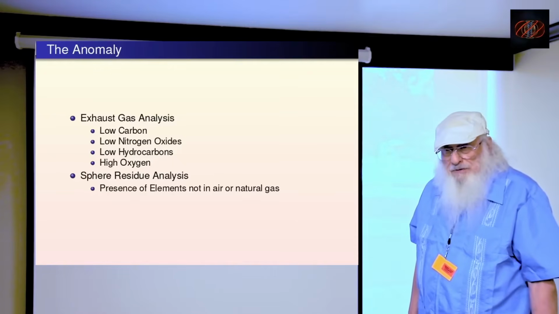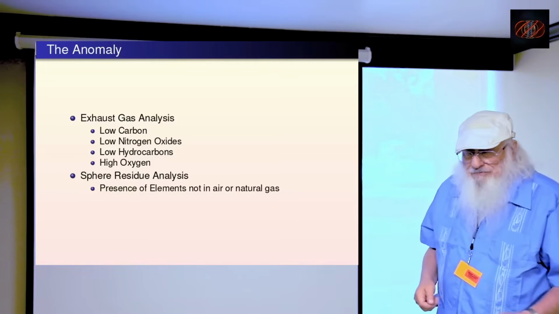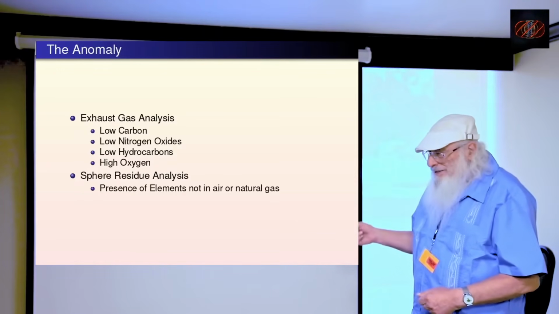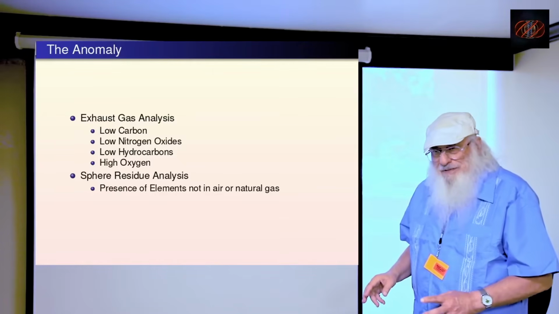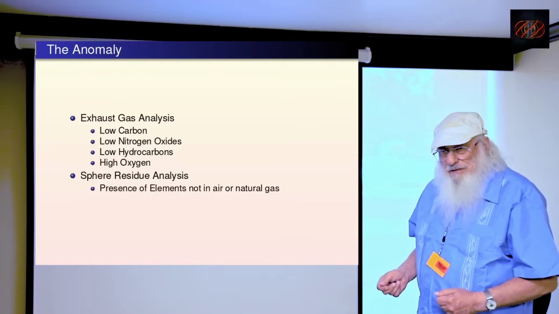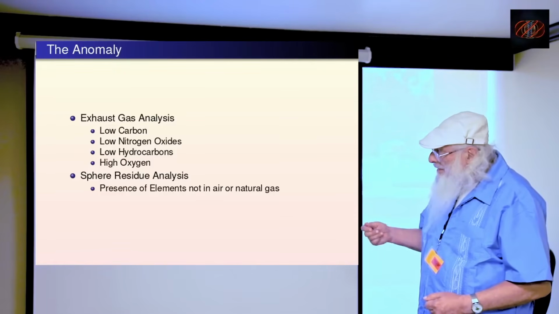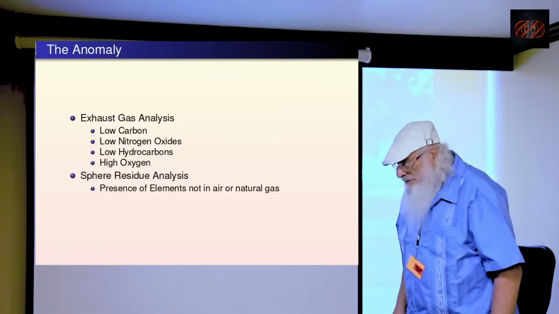You're burning a hydrocarbon. So the oxygen from the air links onto the carbons and forms carbon dioxide, and the oxygen of the air links onto the hydrogen from the hydrocarbon and forms water. So we have oxygen tied up in the carbon dioxide and tied up in the water.